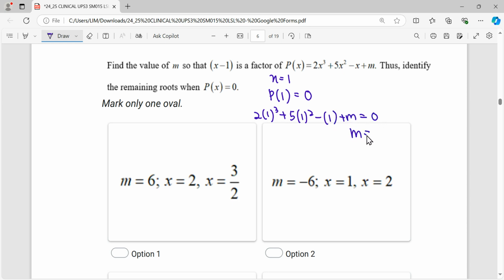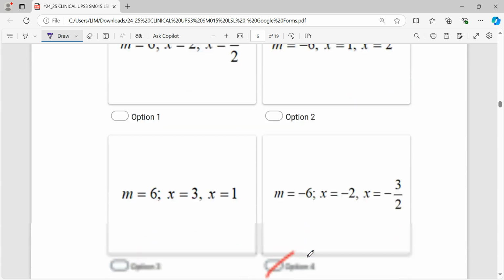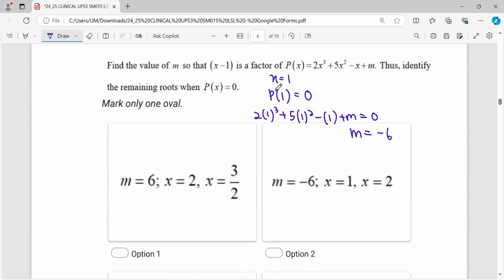We find out this m is negative 6. So we have maybe option 1 or 2. So you can see our polynomial now is 2x cubed plus 5x squared minus x.